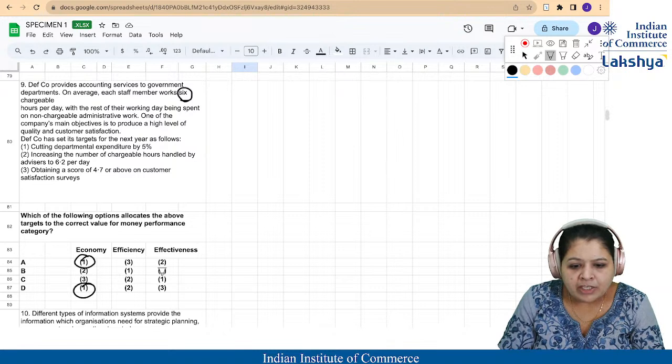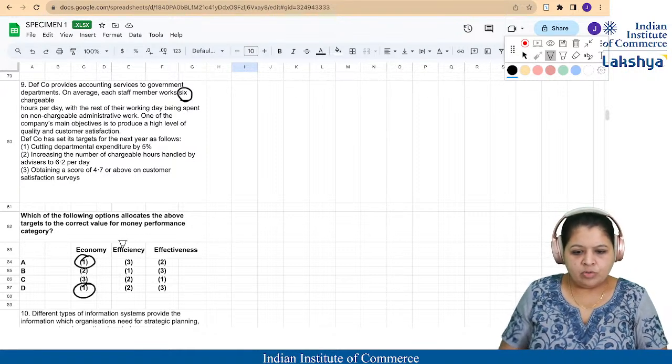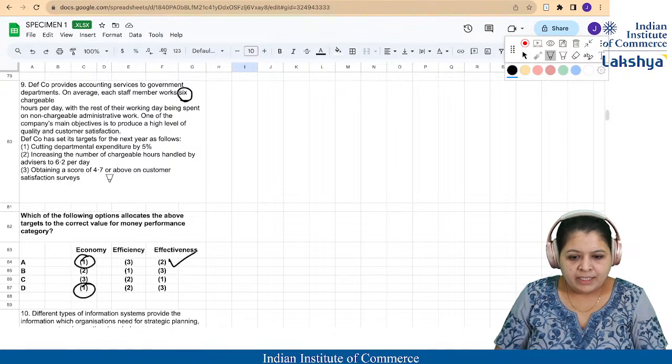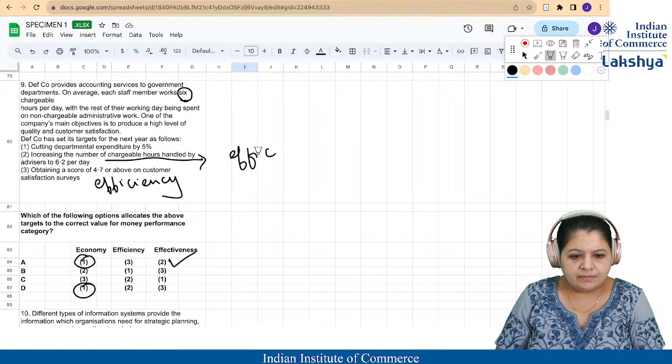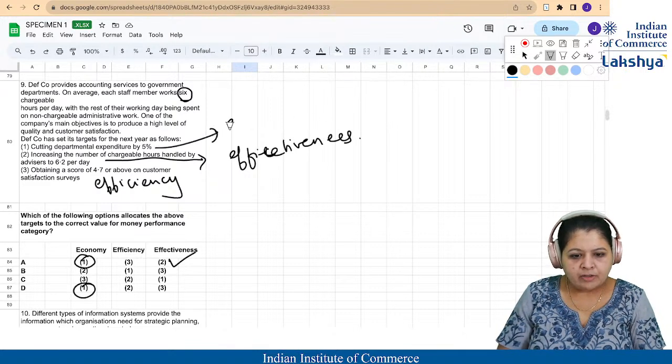Increasing the number of chargeable hours handled by advisors and obtaining a score of 4.7 or above on customer satisfaction, so obviously it is this, because it is looking at efficiency and effectiveness. So definitely this is about efficiency and this is about effectiveness, right? And obviously this is your economy.